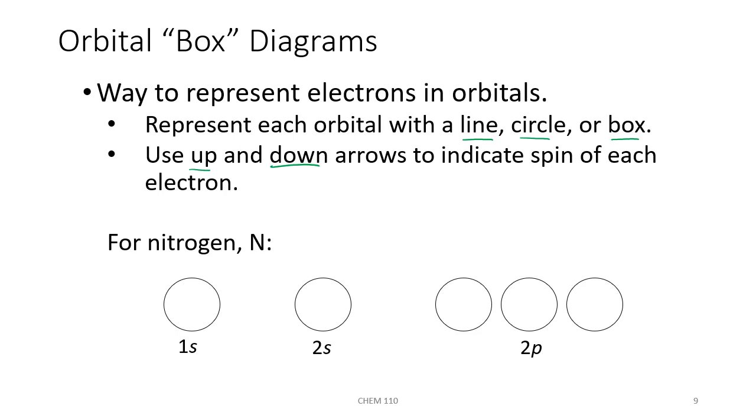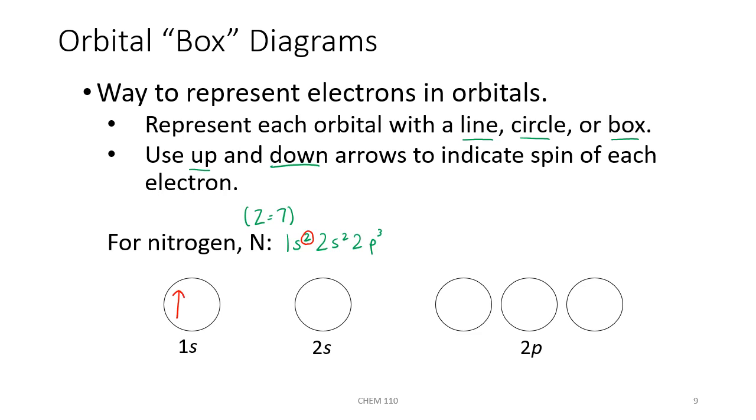In our nitrogen configuration, Z was equal to 7. So that was 1s2, 2s2, 2p3. That told us that in our 1s orbital, there was a total of 2 electrons, and those electrons come together with their spins paired. So we would draw inside of our 1s orbital one arrow pointing up.